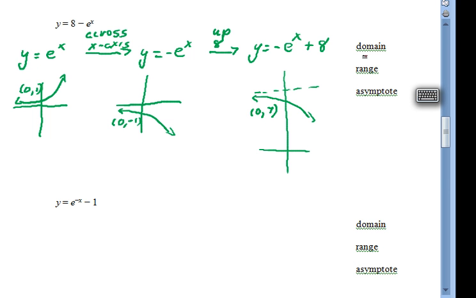So the domain would be negative infinity to infinity, the range negative infinity to 8, and the y-asymptote y equals 8.